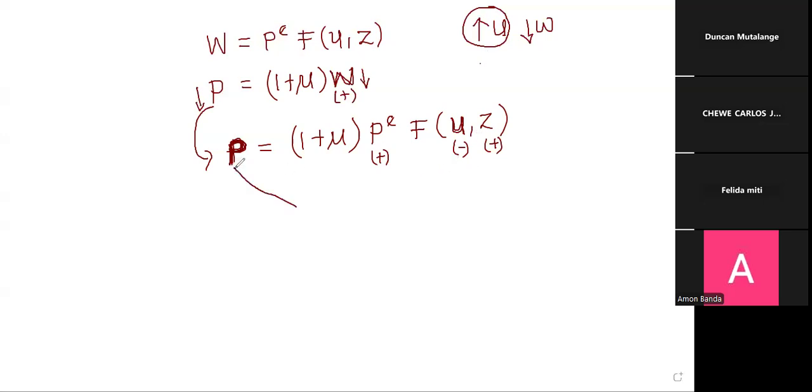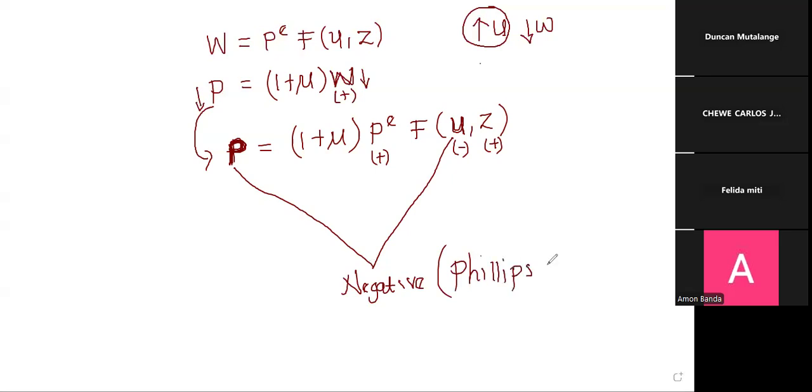So just based on these two, if I form a relationship between these two, the relationship is negative. And this negative relationship is what we call the Phillips curve.